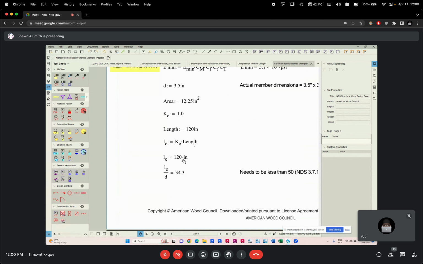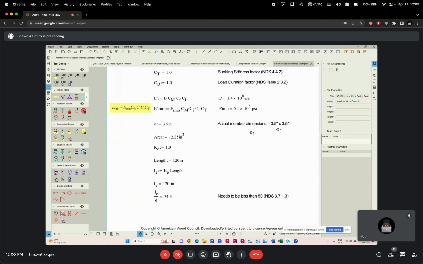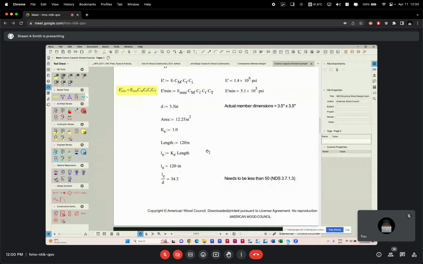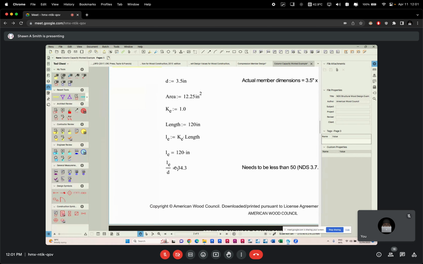So the effective length is equal to 120 inches. Nothing changed about it. All right. Because it is a square element, no brace anywhere along the element. That means buckling in both axes is going to be the same. And that is why they're not saying KEX and KEY or LEX and LEY. It's the same thing.